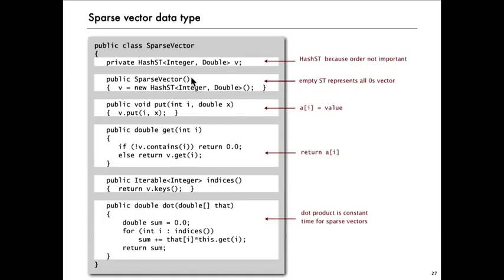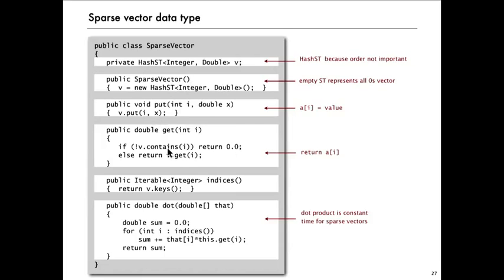The constructor is going to create a new symbol table that associates integer indices with double values. So the put, which stores a value associated with an index i, is just a put into that hash table: associate key i with value x, an integer with a double.